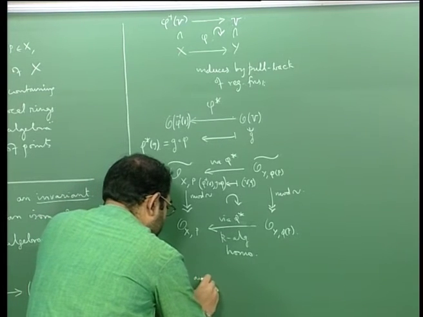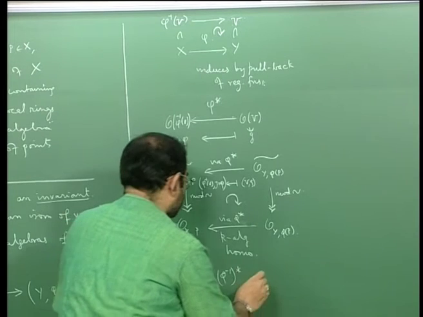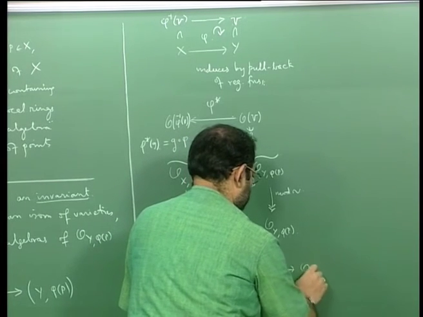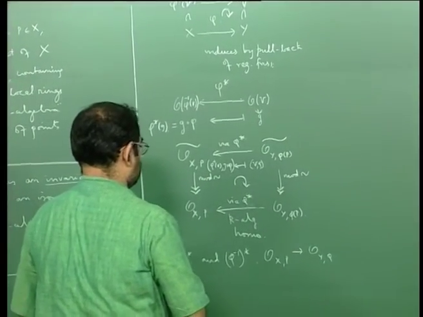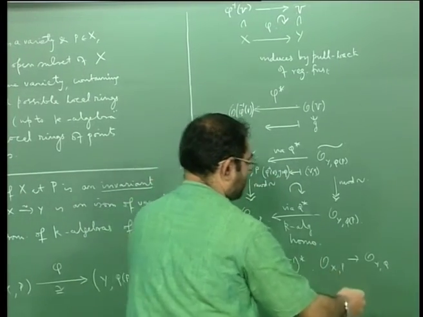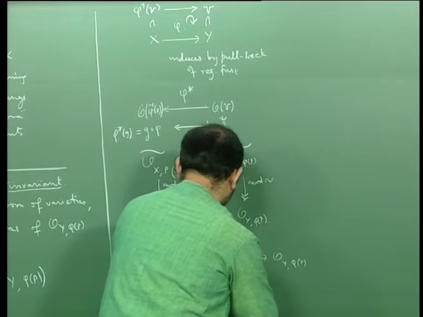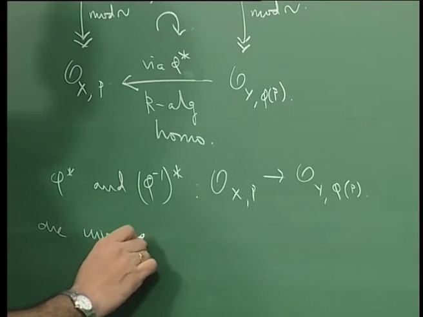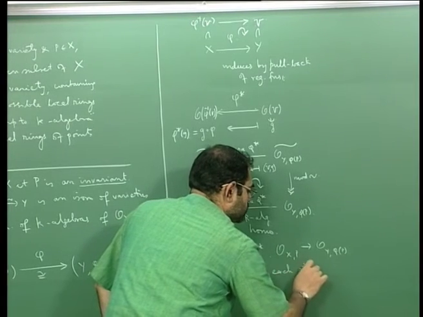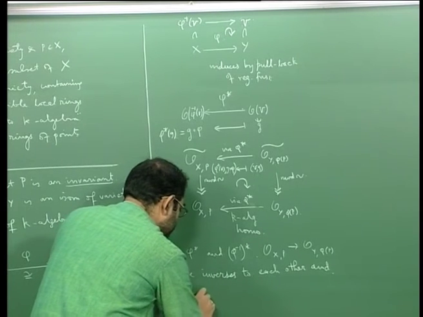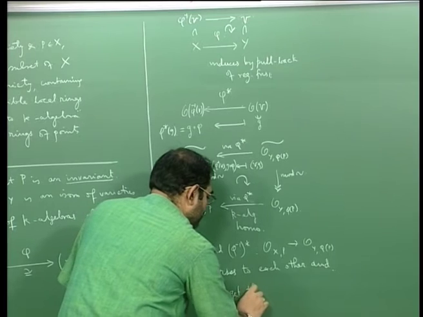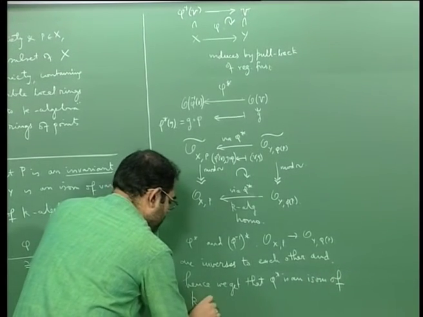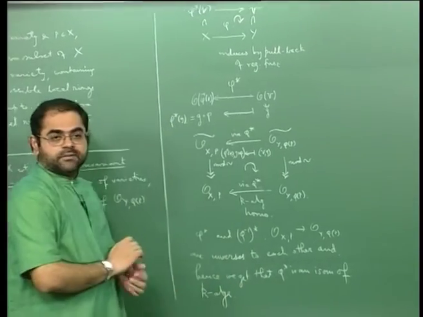So phi star and phi inverse star, which is from O_{X,p} to O_{Y,phi p}, in this direction, are inverses to each other, and hence we get that phi star is an isomorphism of K-algebras.